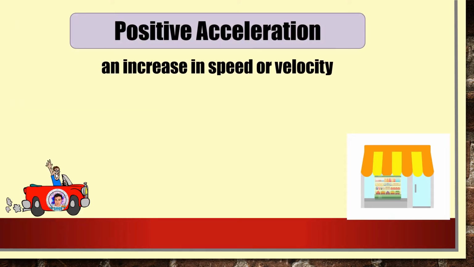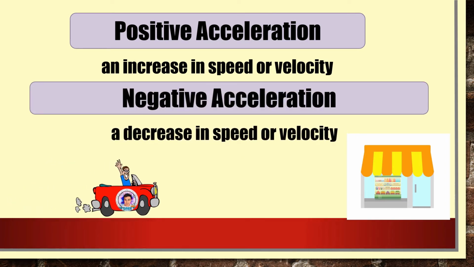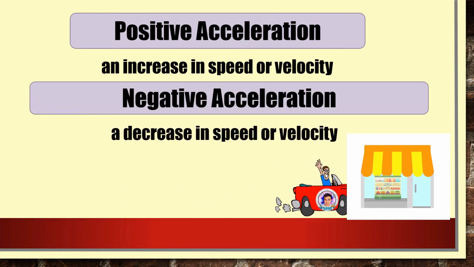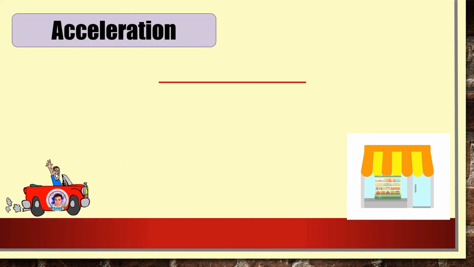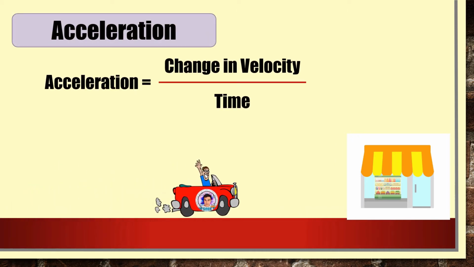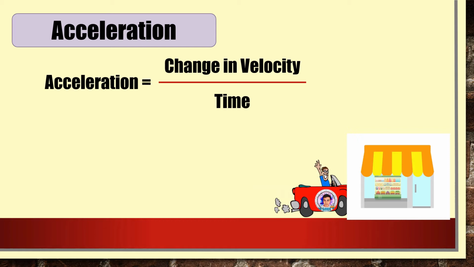Acceleration can be positive or negative. A positive acceleration is an increase in speed or velocity, while a negative acceleration is a decrease in speed or velocity. To solve for acceleration, its formula is acceleration is equal to change in velocity divided by the time of travel.